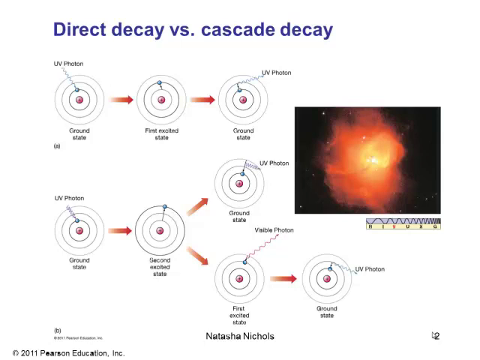If you look at the bottom scenario though, the electron could initially fall into the first excited state, which will produce a visible radiation photon of wavelength 656.3 nanometers.